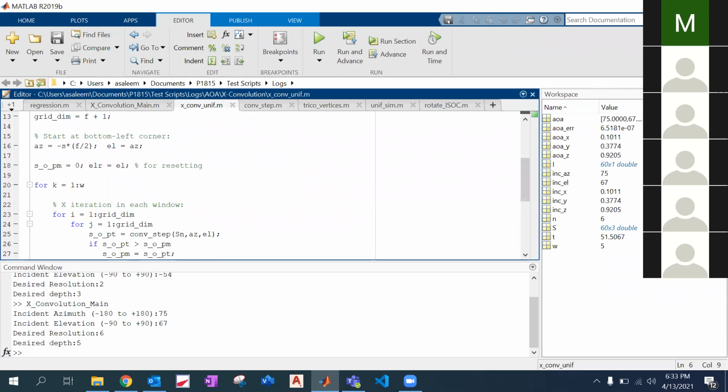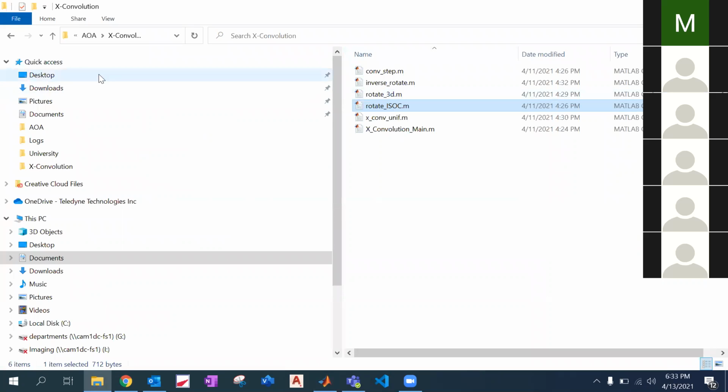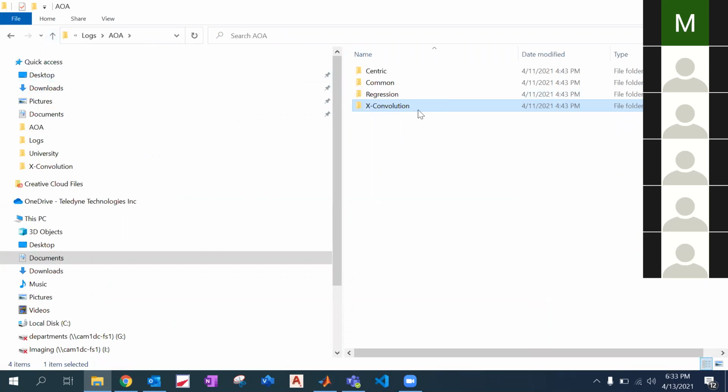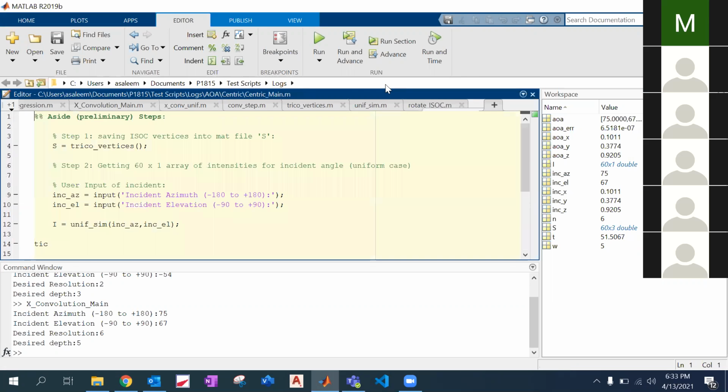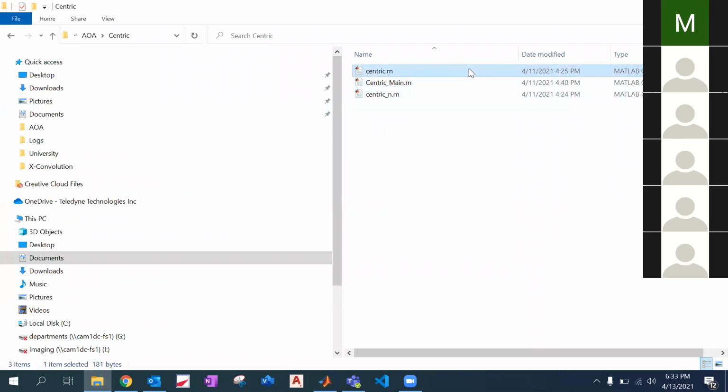And so going back, the regression and centric are a lot easier to explain. So if I go to centric, let's start with centric mean.